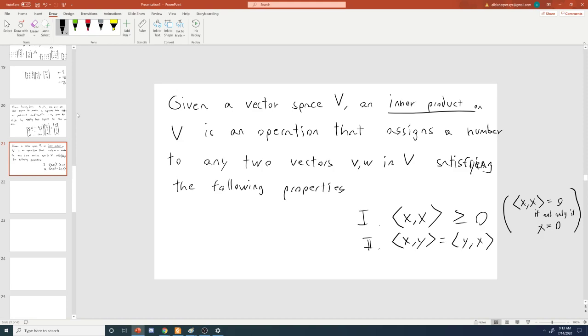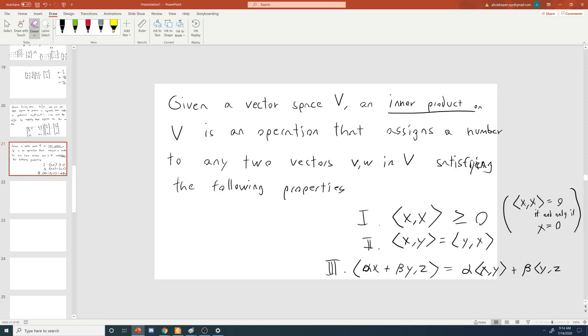And the final property is what's called bilinearity. Bilinearity here means that if I take the inner product of alpha x plus beta y with z, it's the same thing as alpha times the inner product of x with z plus beta times the inner product of y with z.